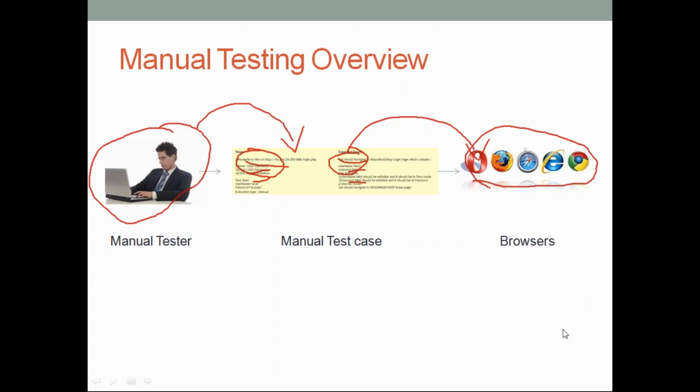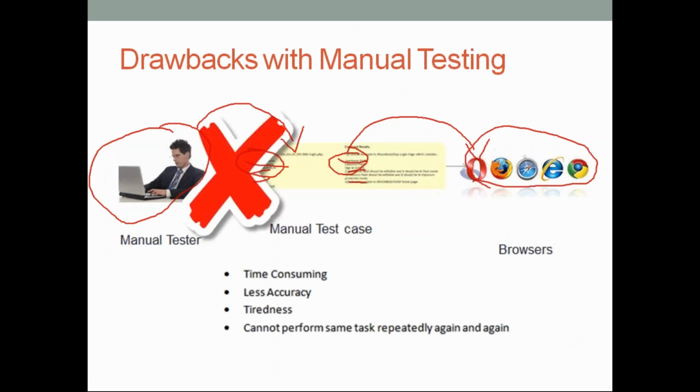With this flow we have some drawbacks, right? So let us try to understand what those drawbacks are with this manual process. The second slide shows the same manual process with the list of drawbacks we have with the manual testing process.